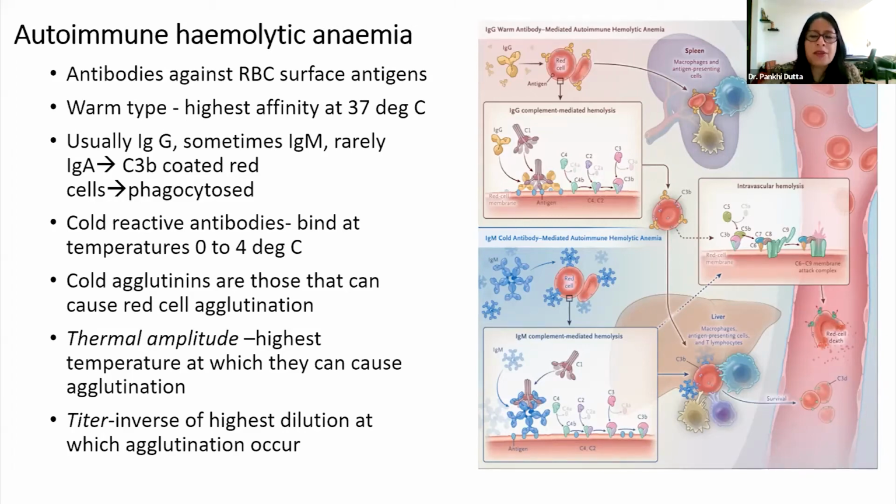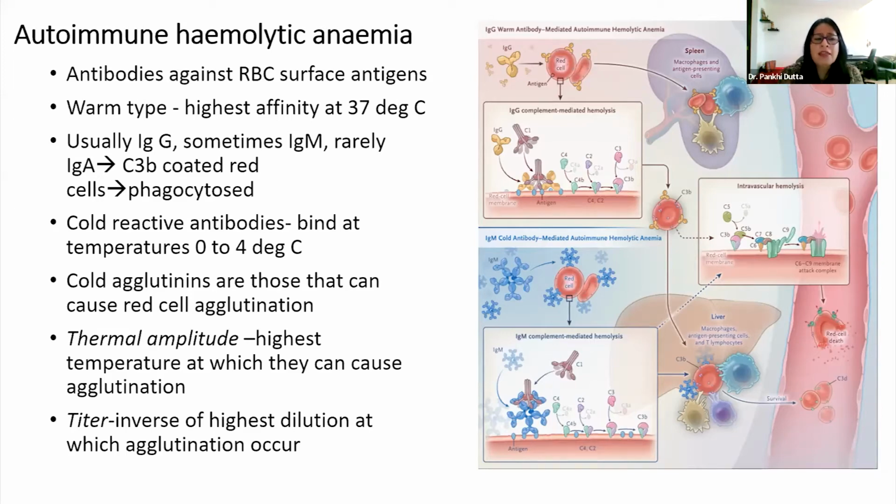If you know that this person has antibodies which seem to be of cold type, we need to know the thermal amplitude, or the highest temperature at which they can bind and cause agglutination. If they can bind only at 4 degrees, we are not bothered.